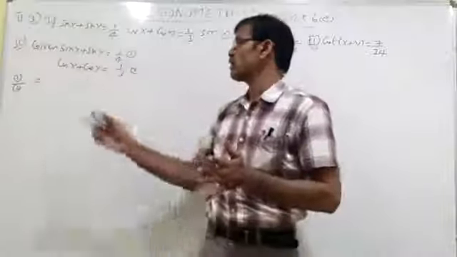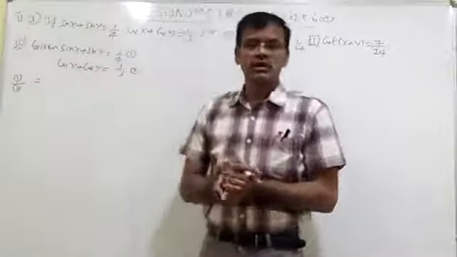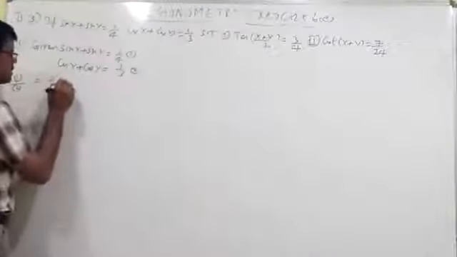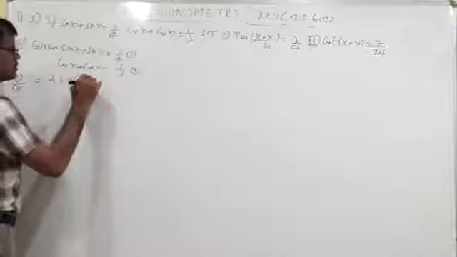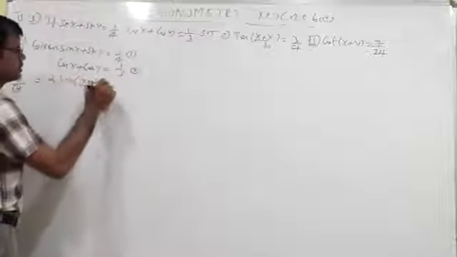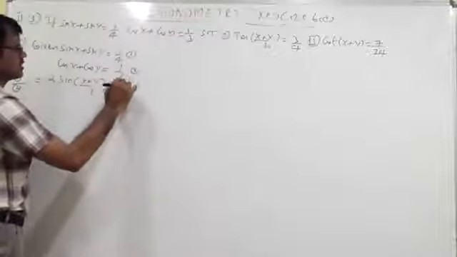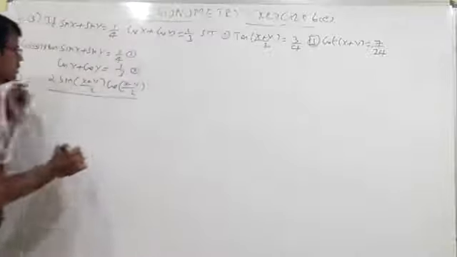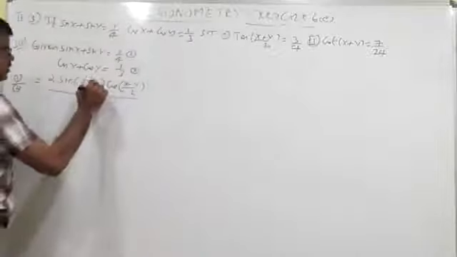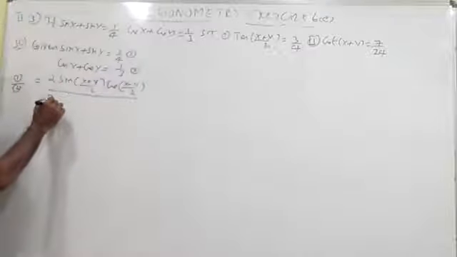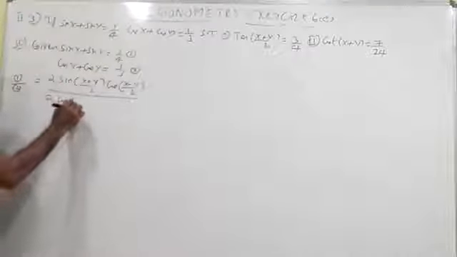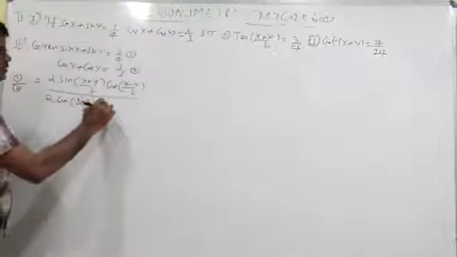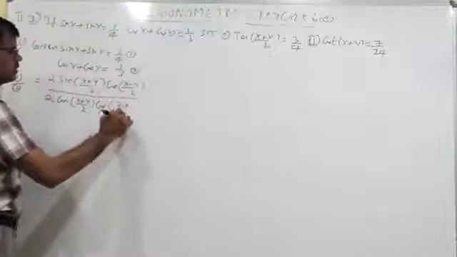We have the formulas for sin C plus sin D and cos C plus cos D. The formula of sin C plus sin D is 2 sin of (C plus D) by 2 into cos of (C minus D) by 2. Here C, D mean x, y: 2 sin of (x plus y) by 2 and cos of (x minus y) by 2. Cos C plus cos D is 2 cos of (C plus D) by 2 into cos of (C minus D) by 2.